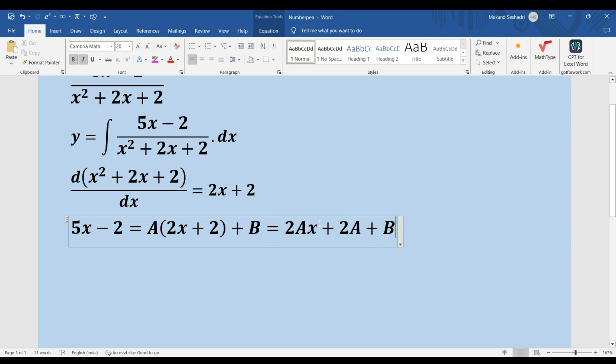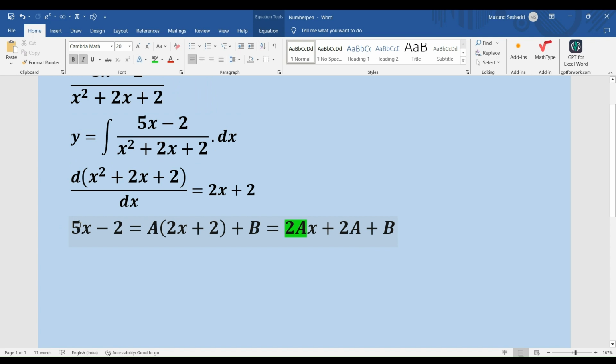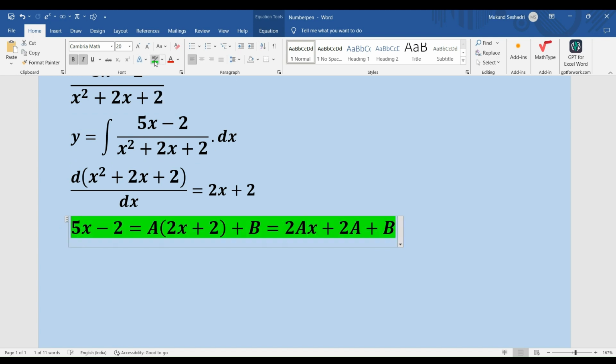And if I equate this to 5x minus 2, and let me color the corresponding coefficients, right? So my x coefficient is 2a on my right, so let me highlight it in green. And my x coefficient on the left, which is a part of 5x minus 2, is 5.